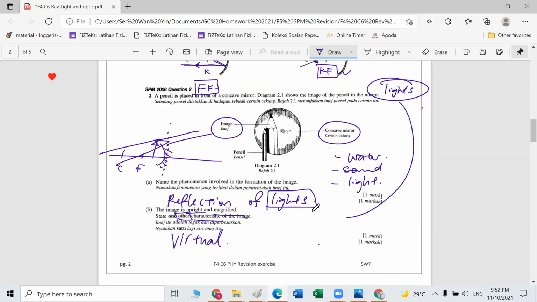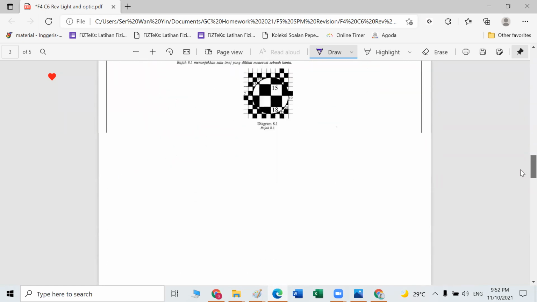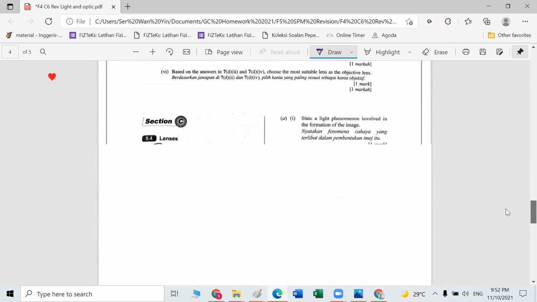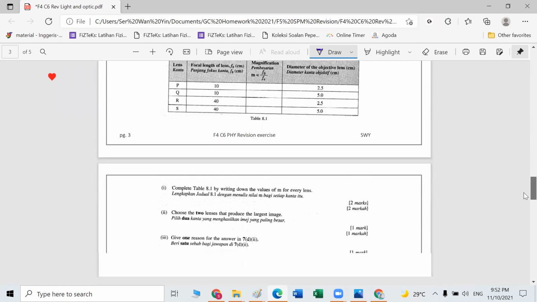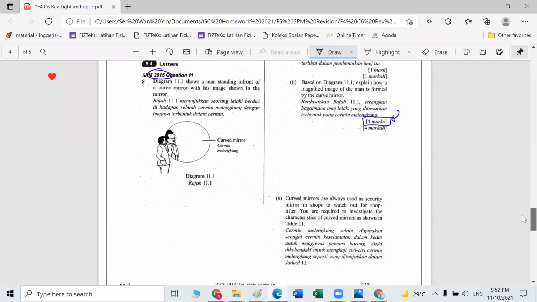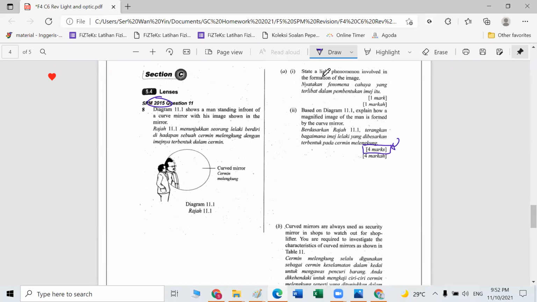So I prefer you all mention light. All right. This one, state the light phenomenon. If they mention light phenomenon, okay, just reflect. Reflect because it's a mirror.